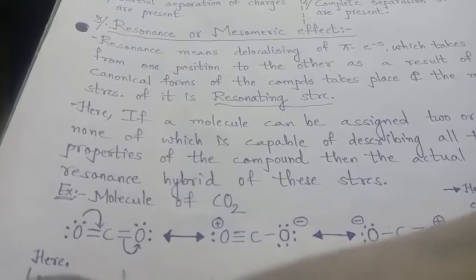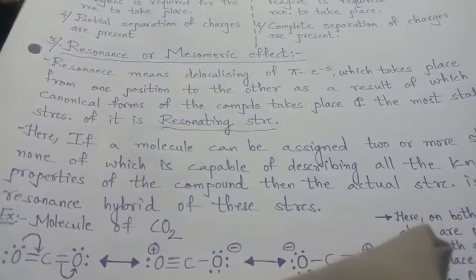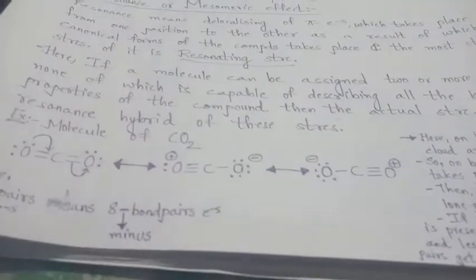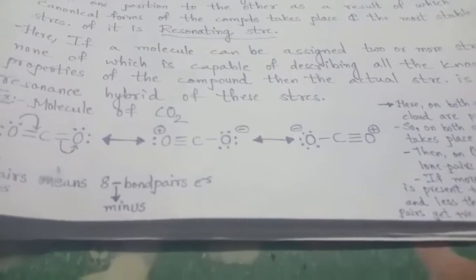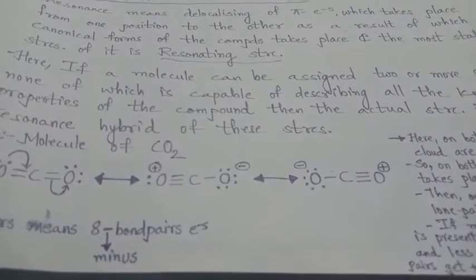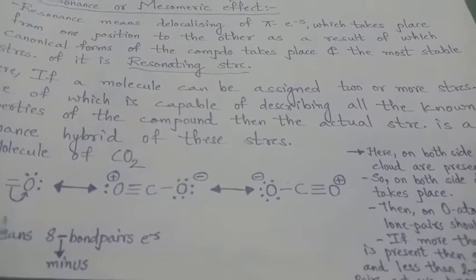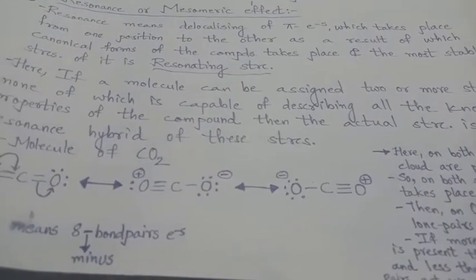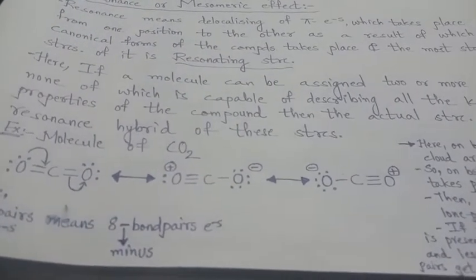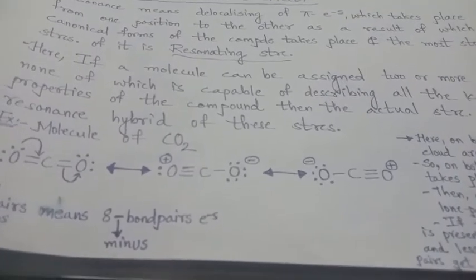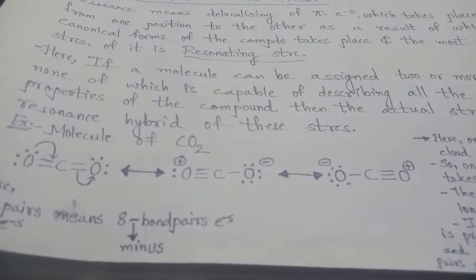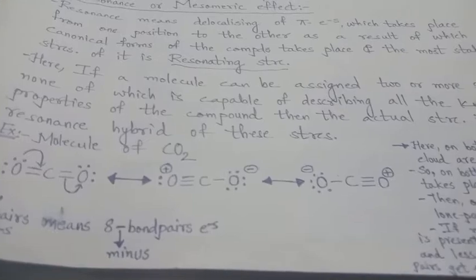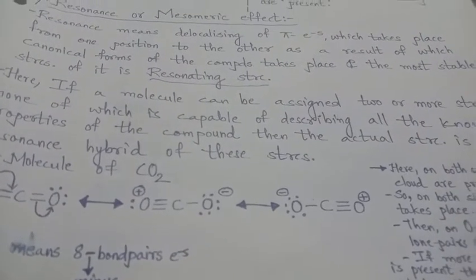If we consider any molecule, and the same molecule is given two or more structures, and any one of these structures is not able to describe all the properties of that particular compound, neither the one nor the other structure, then to understand the properties of the actual molecule, we take the hybrid structure, the combined structure of the given two structures.